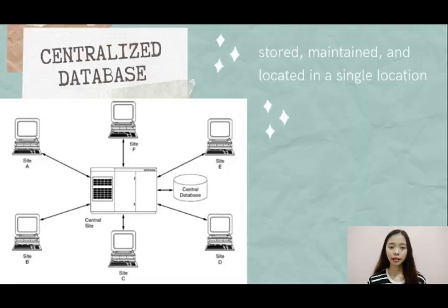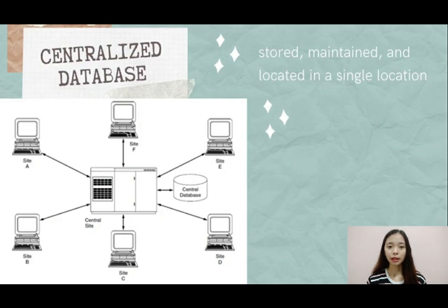A centralized database is stored, maintained, and located in a single location such as a mainframe computer. It is maintained and modified from that location only and usually accessed using an internet connection such as a local area network or a wide area network. Under the centralized database approach, remote users send requests via terminals for data to the central site, which processes the requests and transmits the data back to the user.